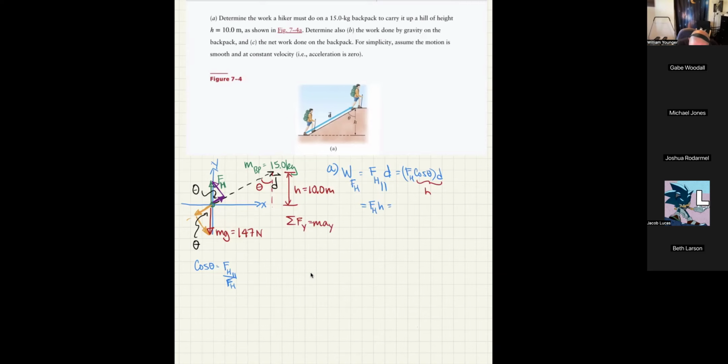And the problem already told us that all the accelerations are zero. So in this case, what we know is F_H minus 147 newtons is equal to zero. So we know F_H is equal to 147 newtons. So now we can plug that in.